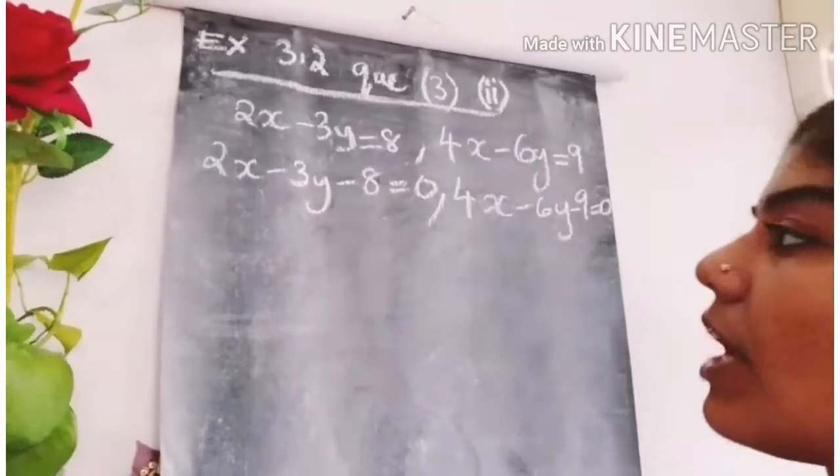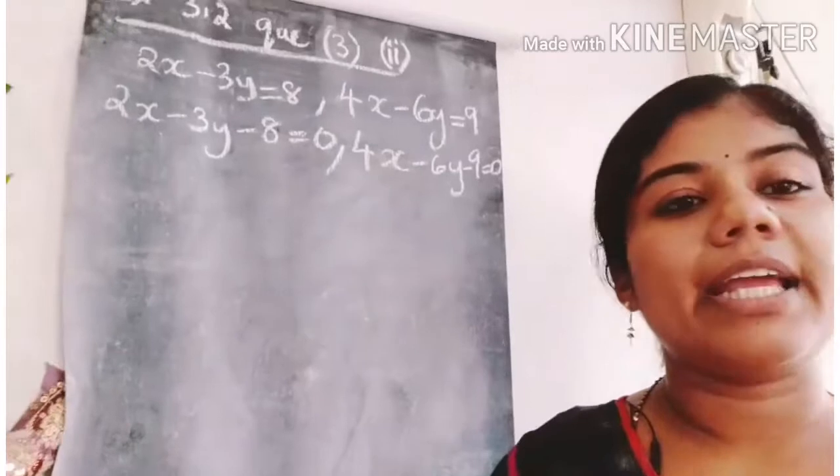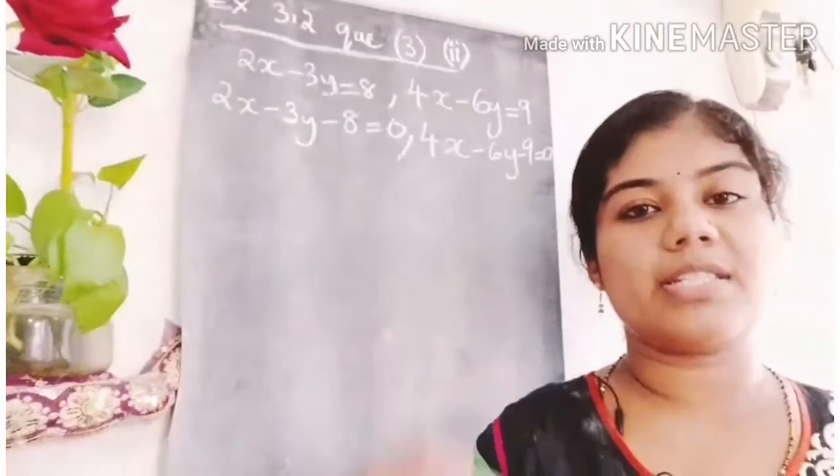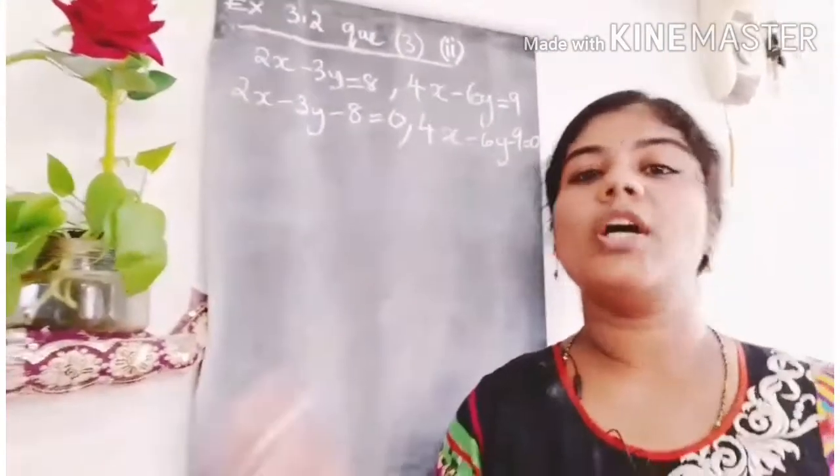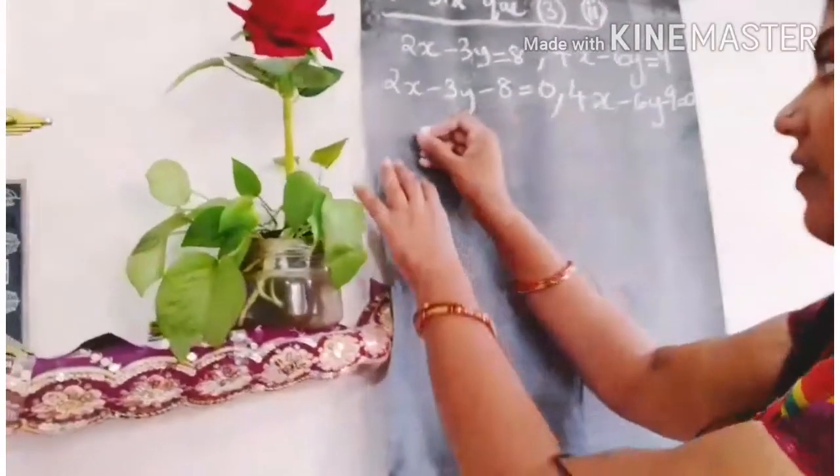Now we are doing the same thing. How to compare? We can compare a1, b1, c1, a2, b2, c2. I am writing here on the board.